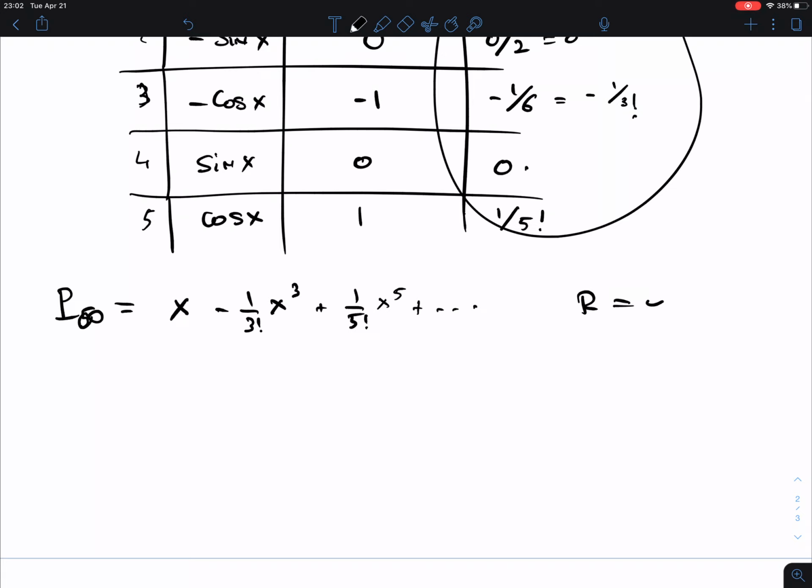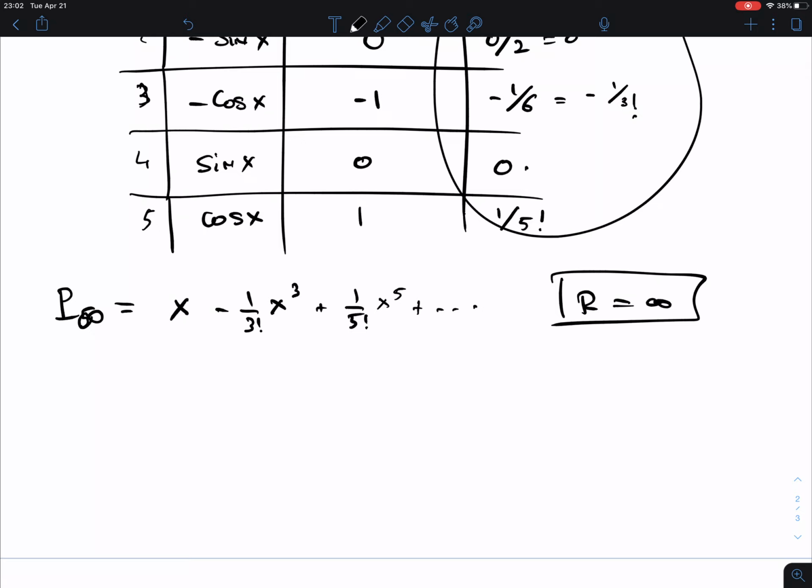The radius of convergence is infinity. Now, you could try it yourself if you want to do that. As I said, the problem is to find a good formula. Another problem is that it's a little bit weird because we're going to work with only odd powers, okay?